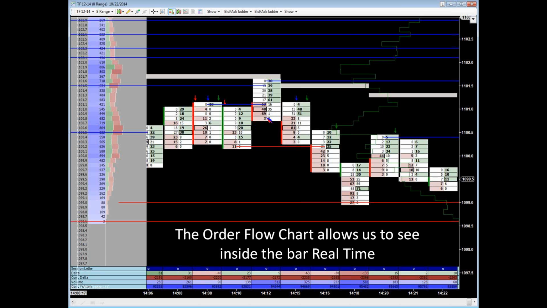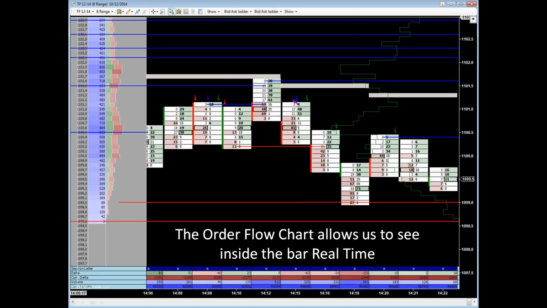So just taking this bar here, you can see the three sellers here to the one buyer. So it's always on a diagonal, 69 to 35, 48 to 16. So it's always on a diagonal, just like your dome. There's always that difference in price by a tick, and you're always looking at it on that diagonal.